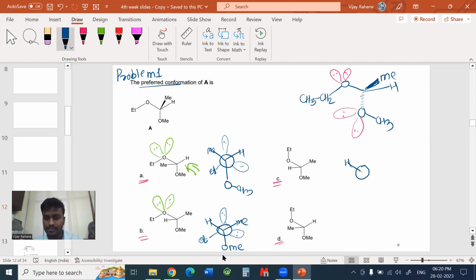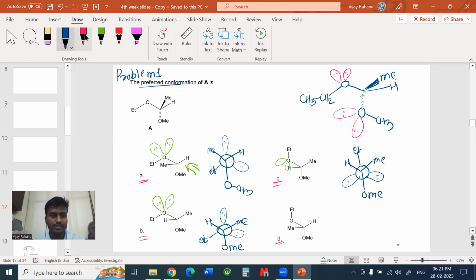Here is the hydrogen. Here is methyl. Here is OMe. And in the backside, the ethyl group will be here. In this one, where will be the lone pair? Lone pair will be like this, right? So in this one also, if you draw, the lone pair will be here, right?